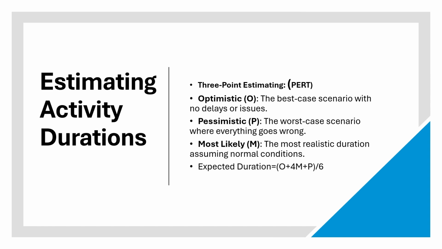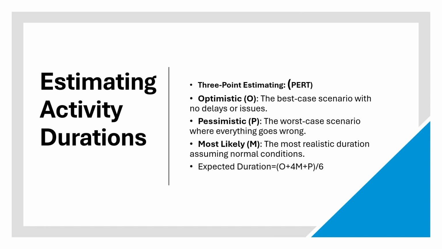We can say there is some risk and there is some favor to us. We call it, for example, in between optimistic and pessimistic time, let's suppose 8 days. So optimistic is 4 days, pessimistic is 12 days and most likely is 8 days.